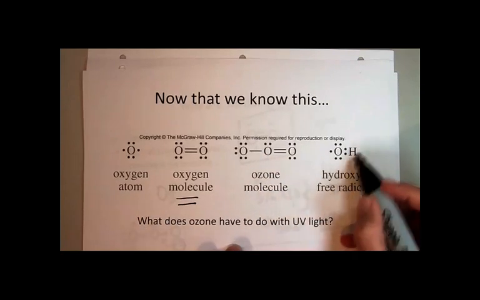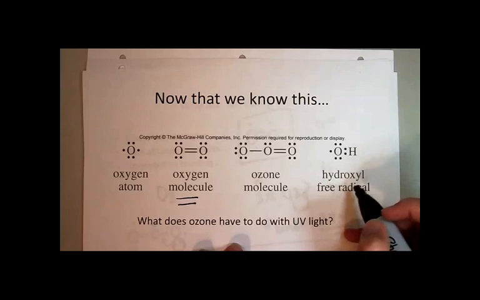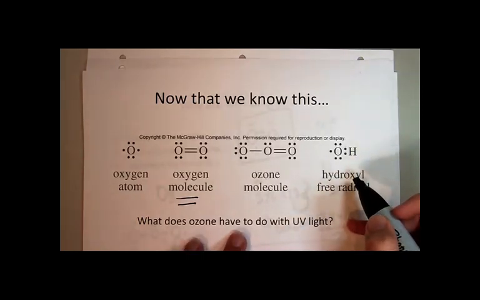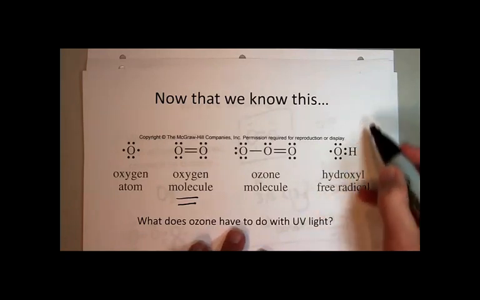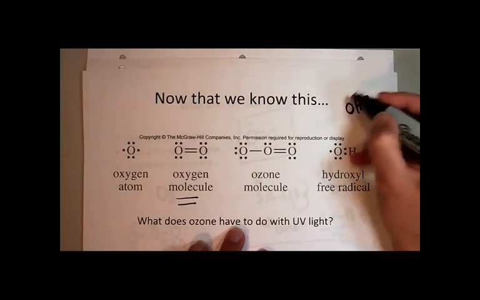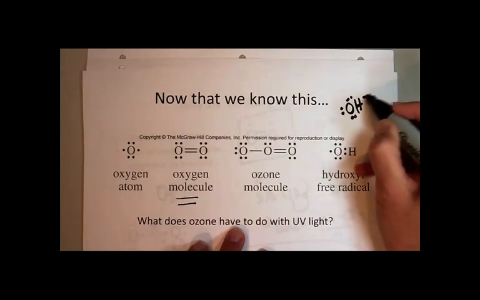And then one more Lewis structure that I want to point out to you is of the hydroxyl free radical. Notice this is not the hydroxyl or hydroxide anion. The hydroxide anion carries a -1 charge. The hydroxide anion looks like this, and the Lewis structure is like this. It's got one extra electron, which gives it that negative charge.